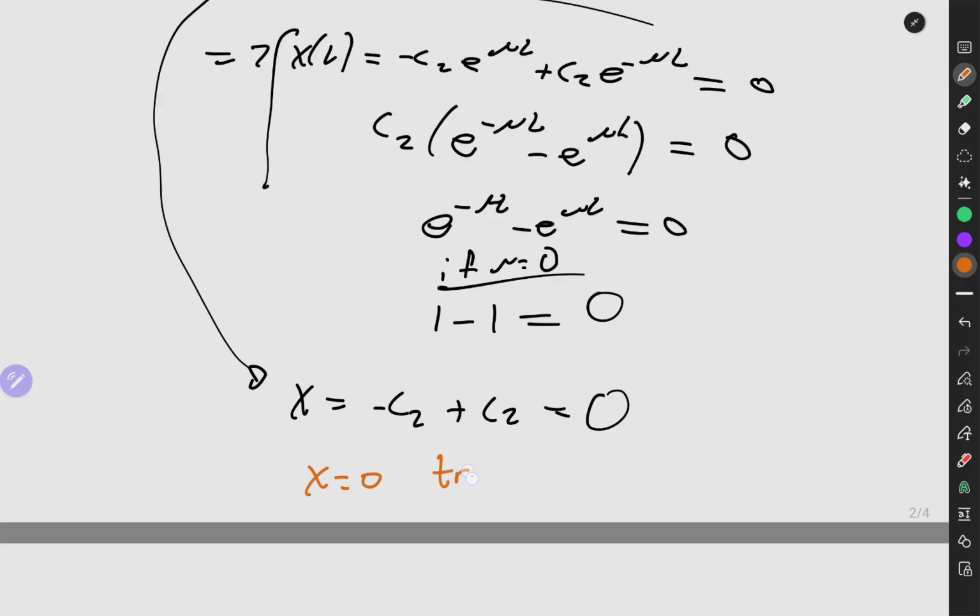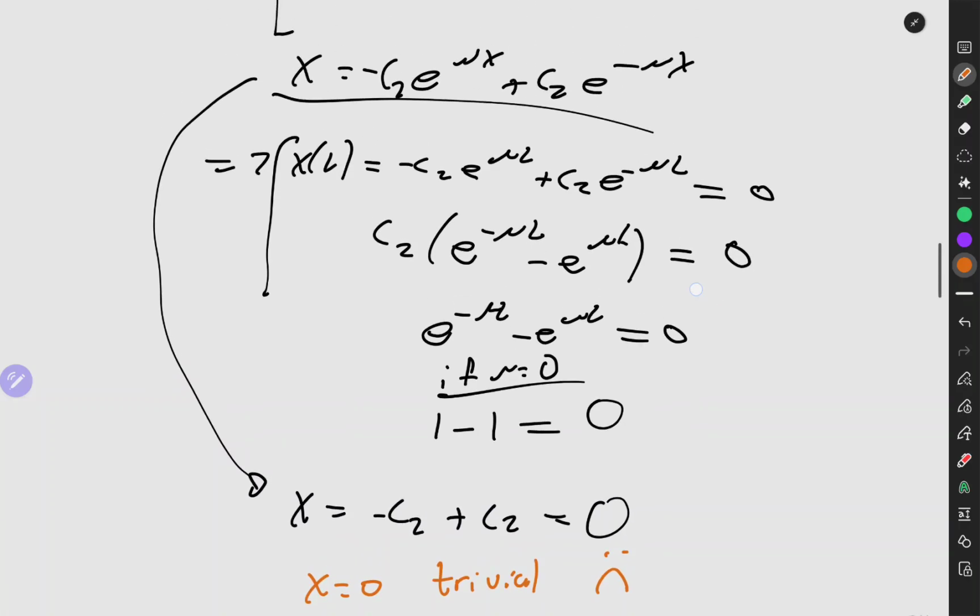That is a trivial answer. We call it trivial because it's equal to 0. Basically. I can't spell. And we don't want this. We want to find an x that is non-trivial. Okay? The eigenvalue can be trivial.